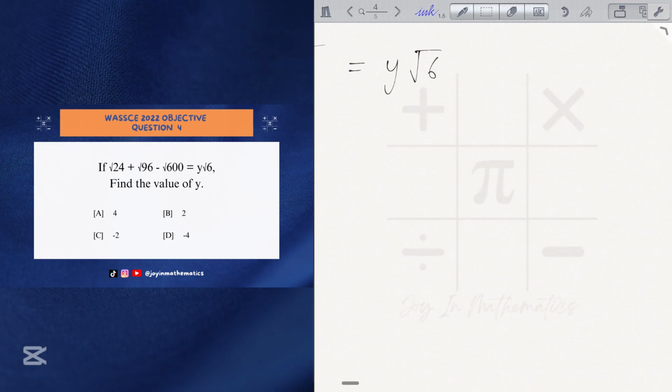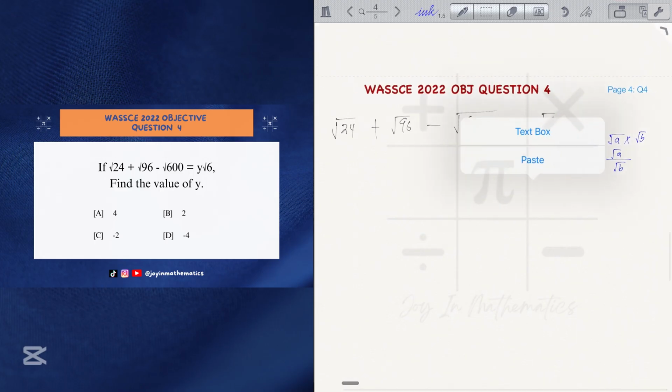The two rules of surds are simple: root AB is equal to root A multiplied by root B, and likewise root A over B is equal to root A divided by root B. These two rules, which we call the multiplication rule and the division rule, are very powerful rules.